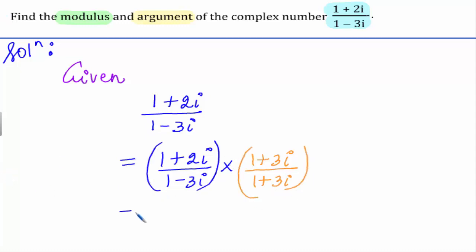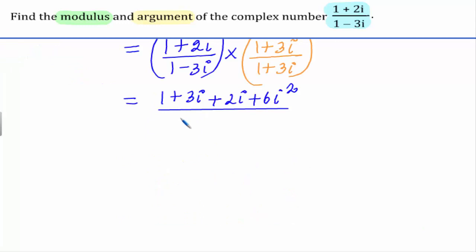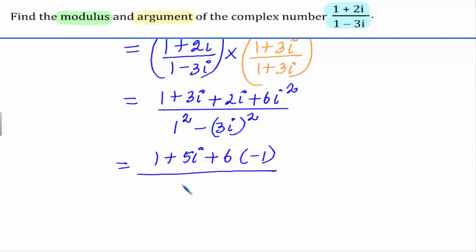So we get 1 plus 3i plus 2i plus 6i square in the numerator, and in the denominator we have 1 square minus 3i the whole square. So this will be equal to 1 plus 5i plus 6 multiplied by minus 1, divided by 1 minus 9 multiplied by minus 1. The reason is i square is equal to minus 1.